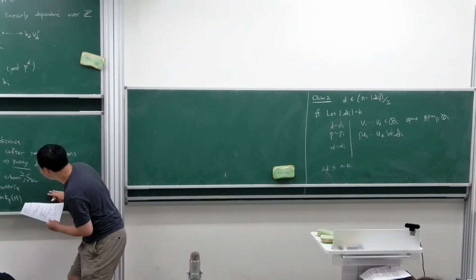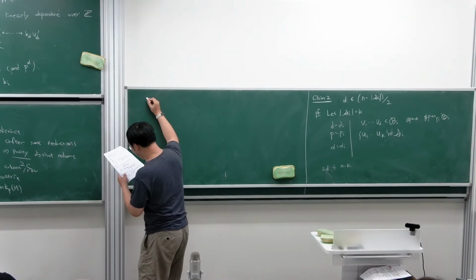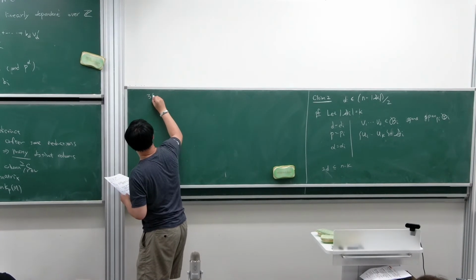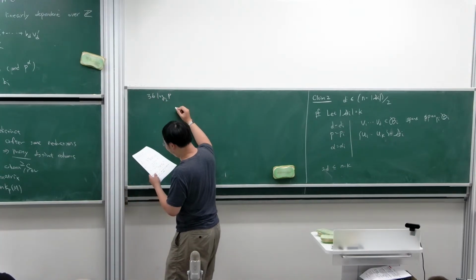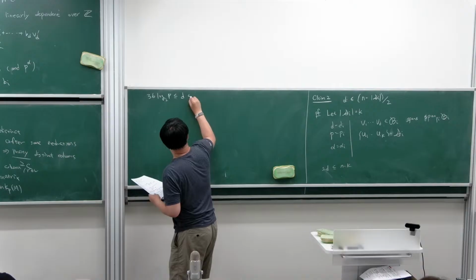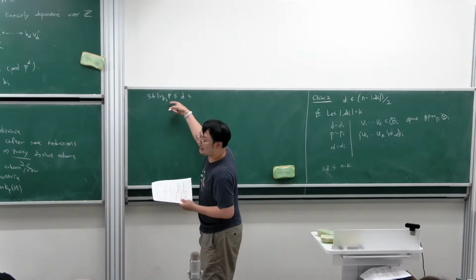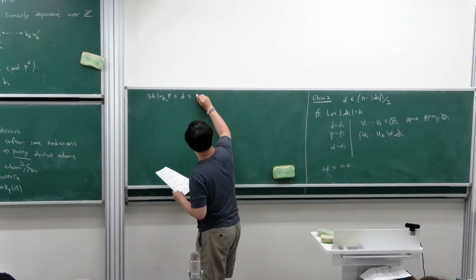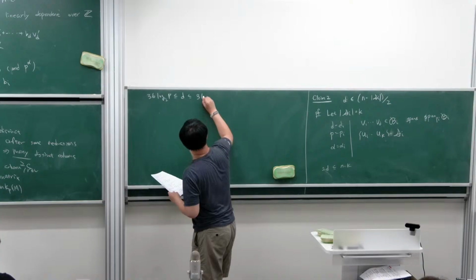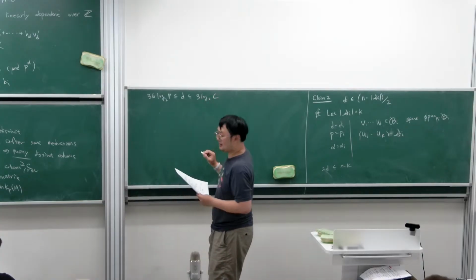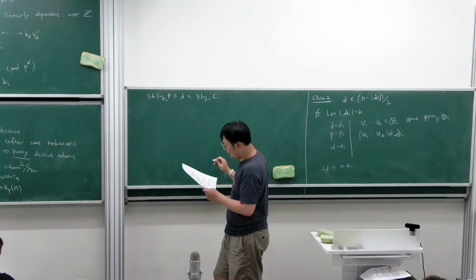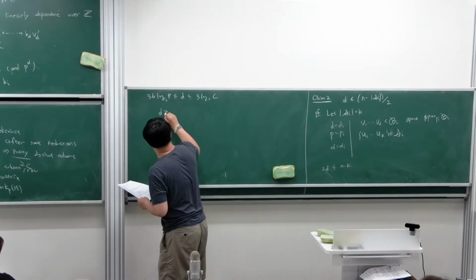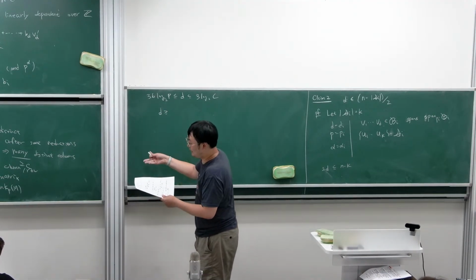Oh, and I need one more technical assumption. I'm assuming 36 log p, where logs are always in base 2, is less than or equal to d. This is just a constant lower bound, so it's fine. And also d is upper bounded by 3 log c. If d is not too much compared with the log of c, then d should be a lot compared with the log of m.